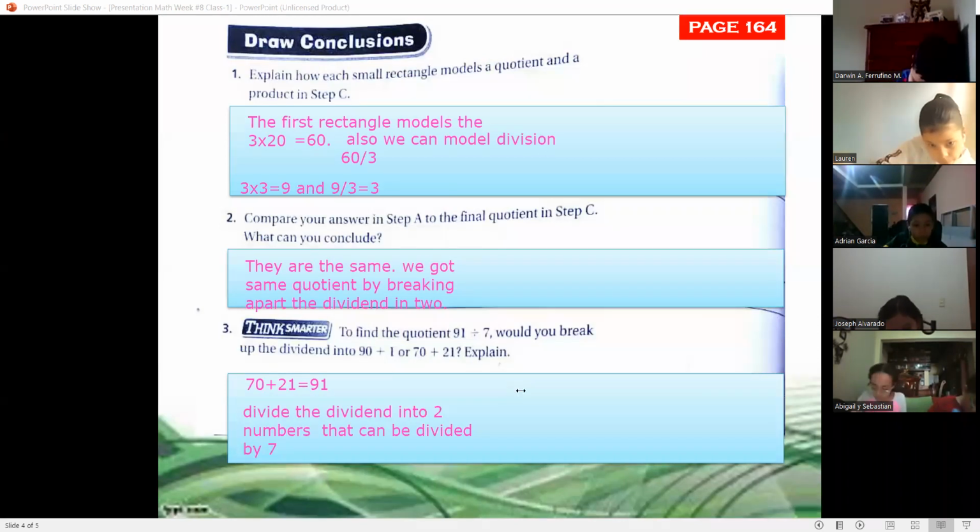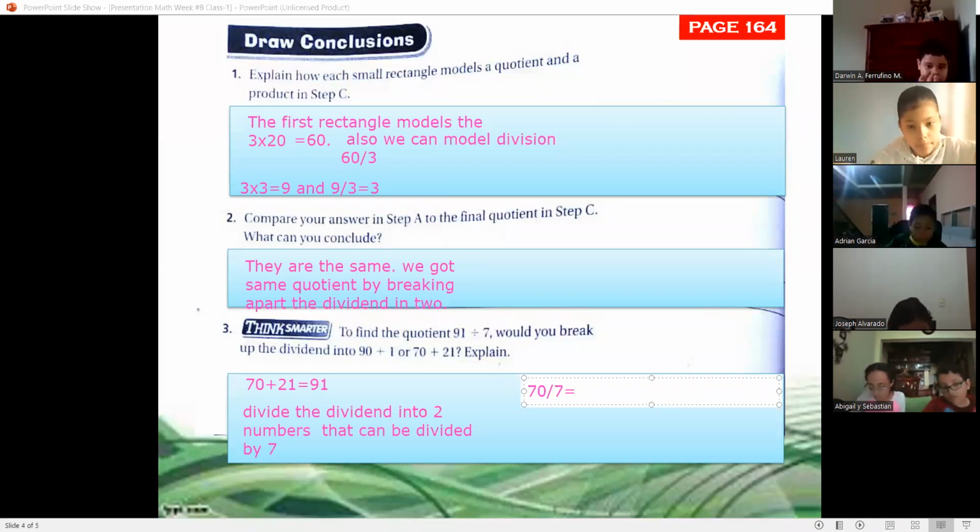Because if we divide 70 by 7, what will be my quotient? What multiple of 7 gives me 70?